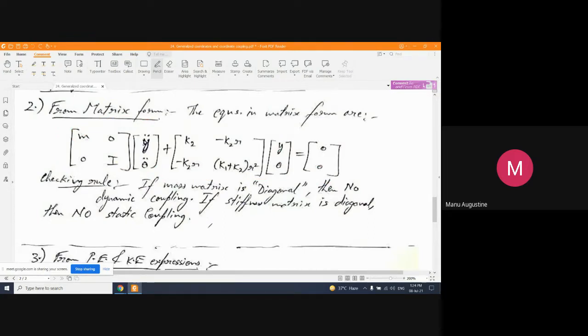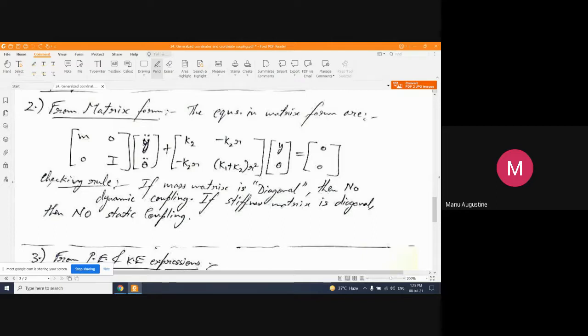So if instead of individual equations of motion you have in hand, somehow maybe somebody gave you the ready made matrix form of equation, and then they asked you the question, guess or try to find out what type of coupling your generalized coordinates have.